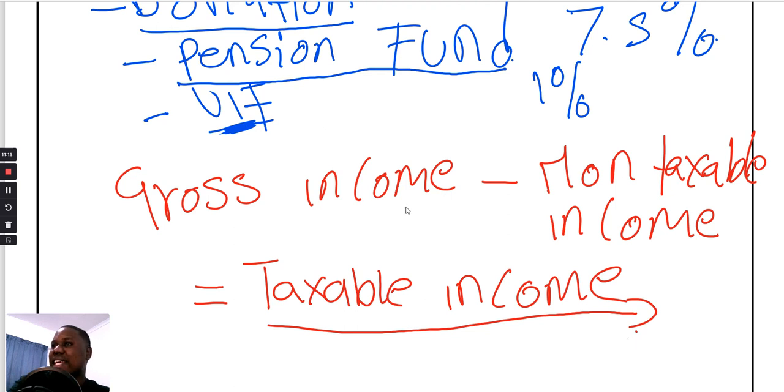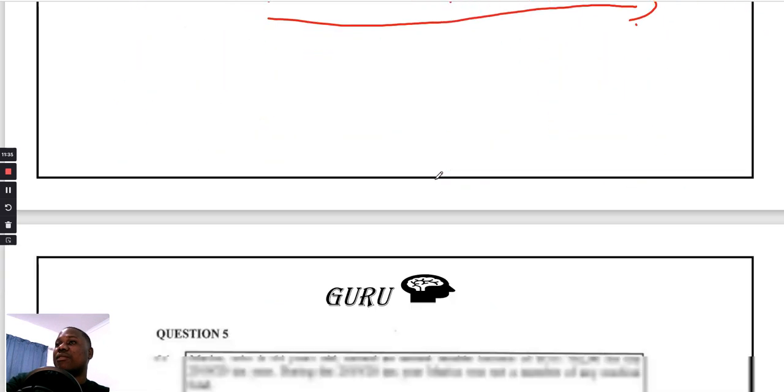It means that this income, it is the one that SARS is going to tax now. Okay, that means they're no longer going to tax the whole gross income. Okay, from the gross income you have subtracted your non-taxable income. Good, let's move forward.